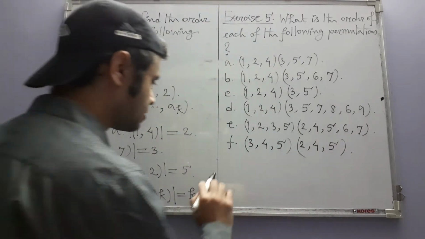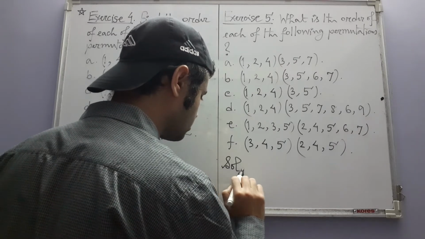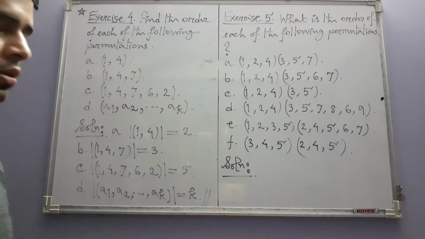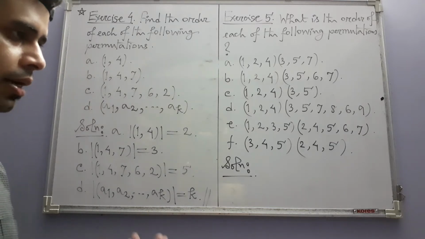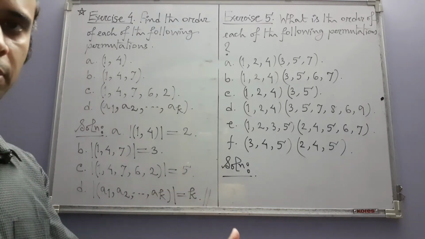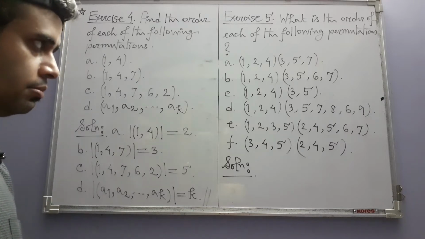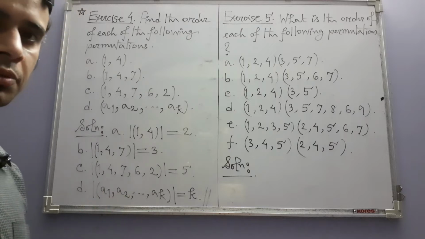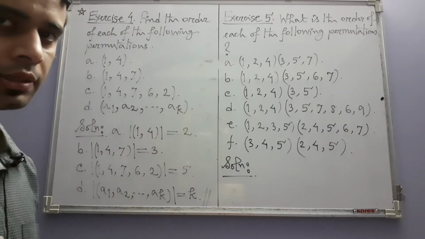So let us first recall the theory. When you write a permutation as a product of disjoint cycles, the order is the LCM of the orders of those cycles.